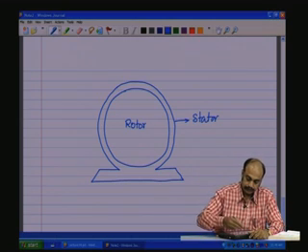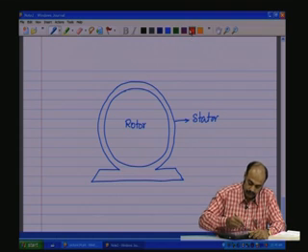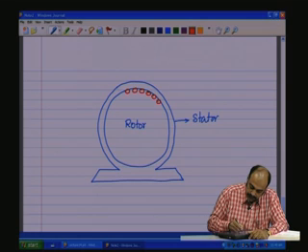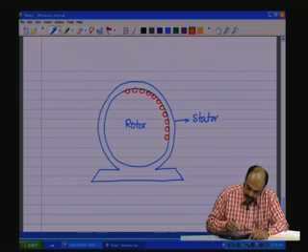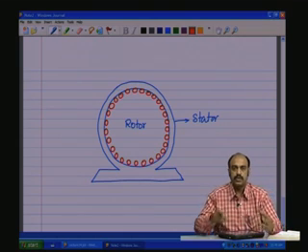The rotor has conductors all around its circumference. In the squirrel cage induction motor, the conductors are shorted at both ends, such that the rotor looks like a squirrel cage.